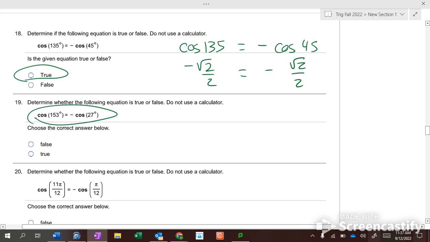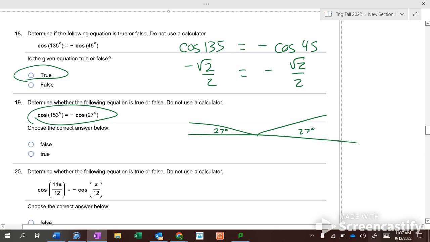Cosine of 153, cosine of 27. Uh-oh, those are not on our unit circle. Now, how far is 153 from 180? 153 is somewhere around there. How far is that from 180? 27 degrees.